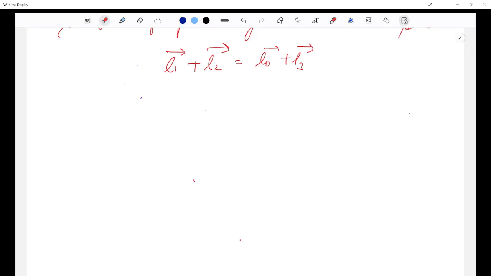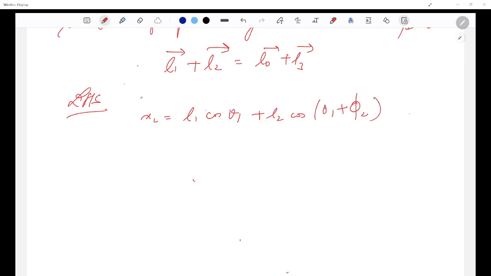If I write in terms of components, let's do it for the LHS. XL for left: L1 cos theta 1 plus L2 cos (theta 1 plus phi 1). This is very similar to what we did for serial robots, right? YL is L1 sin theta 1 plus L2 sin (theta 1 plus phi 2), right?